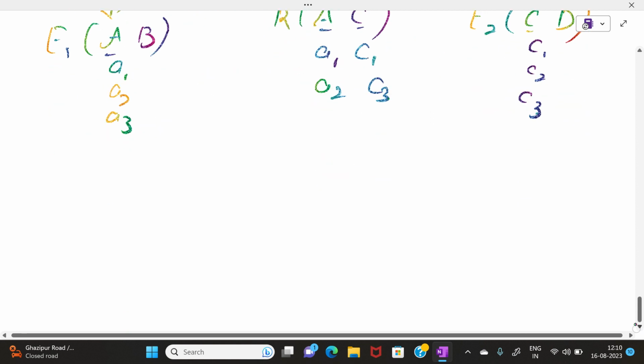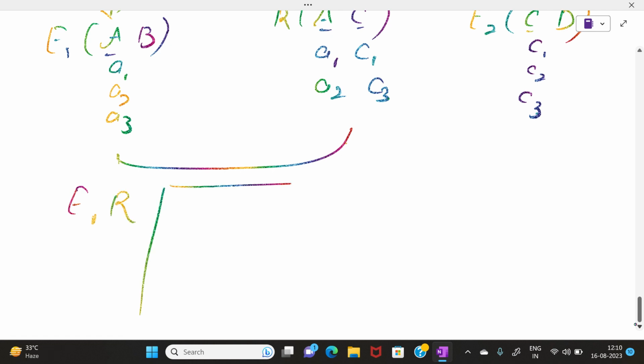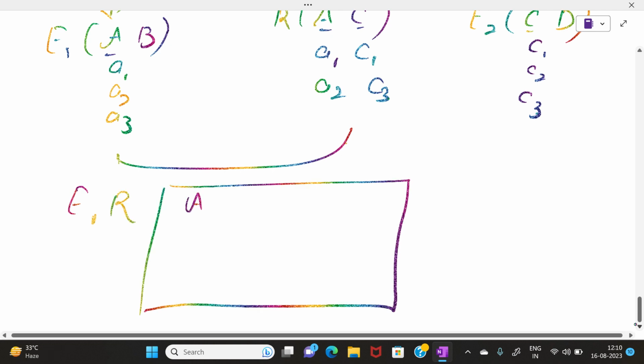Now if we try to combine these two, what will happen? We will have this combination as E1 and R, and inside this we have A, C and B.